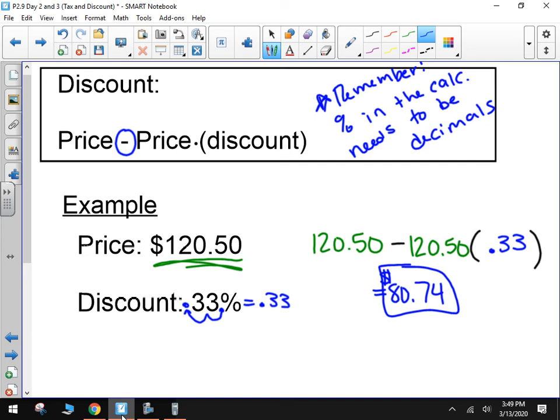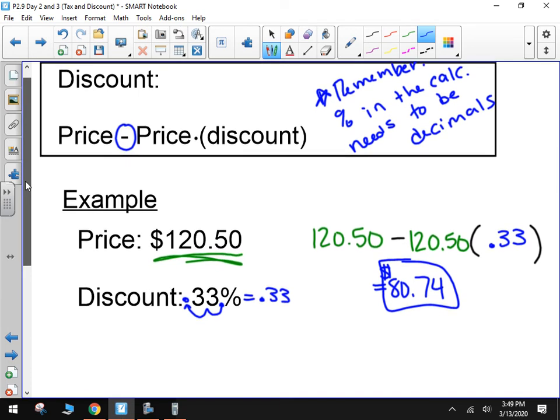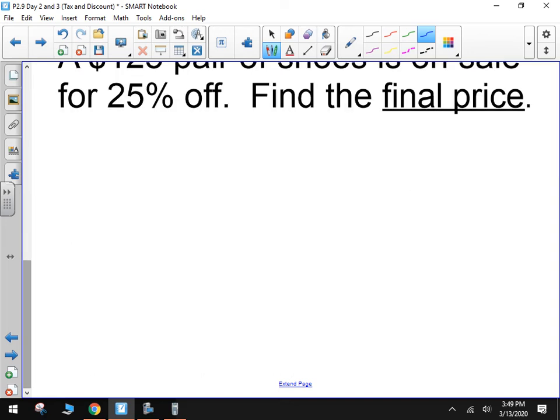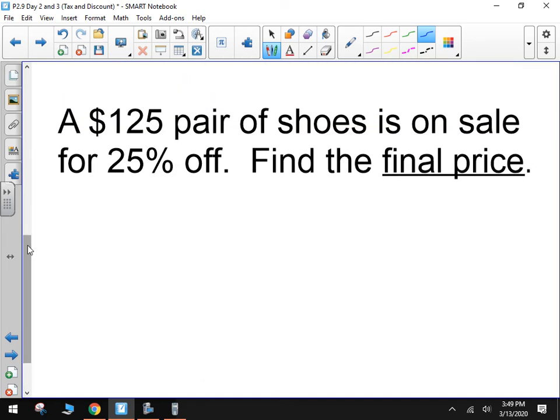So now that you've tried it on your own, let's do it together to make sure you did the steps correctly. A $125 pair of shoes, I think yours says Easy Shoes, are on sale for 25% off. Find the final price. So my price of the shoes at the moment is $125. So I do $125.